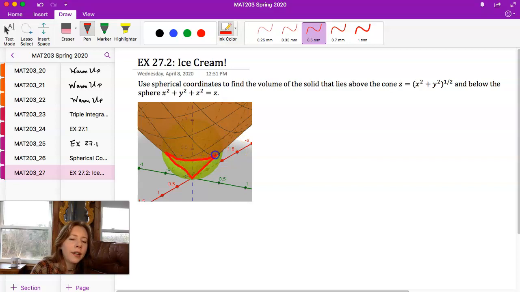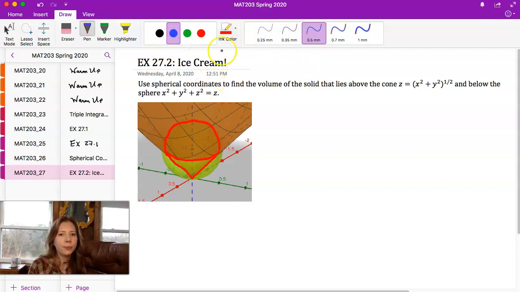And then we have this kind of hemisphere of ice cream in there. I tried to make the ice cream green for pistachio, and the cone orange, but it's a little difficult to see. But this is what we're integrating to get the volume of this ice cream cone.